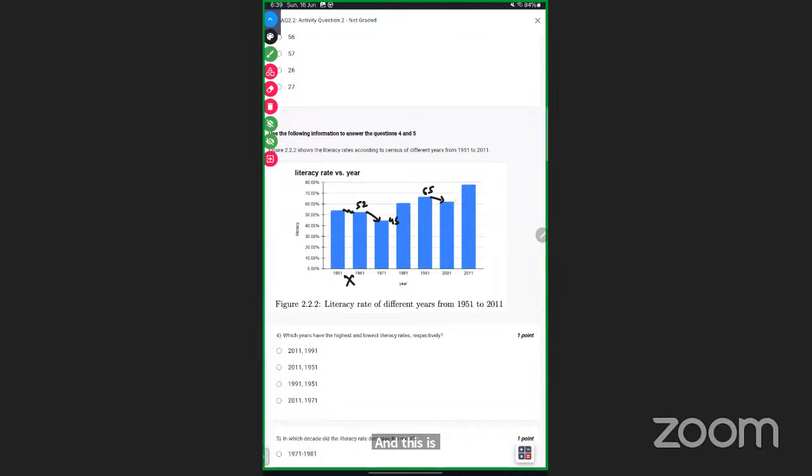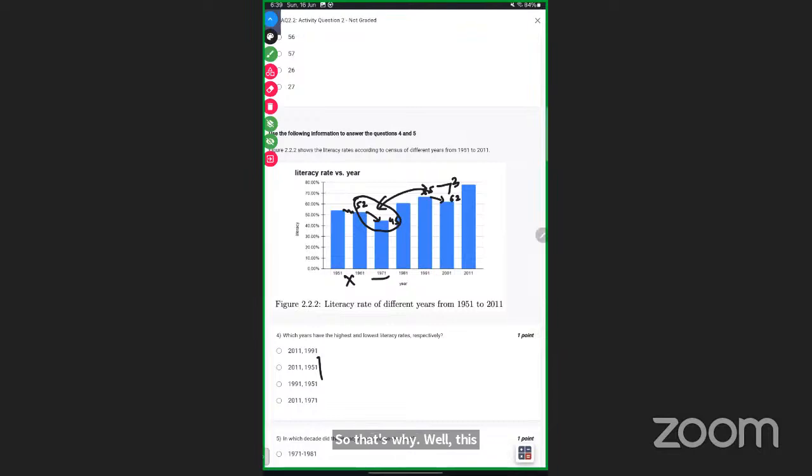This can't be less than 60. So let's say 60, so this comes out to be 3. But this is more than that. So you need to compare these only. From these, I can see this has more decrement. So the answer will be 1961 to 1971.